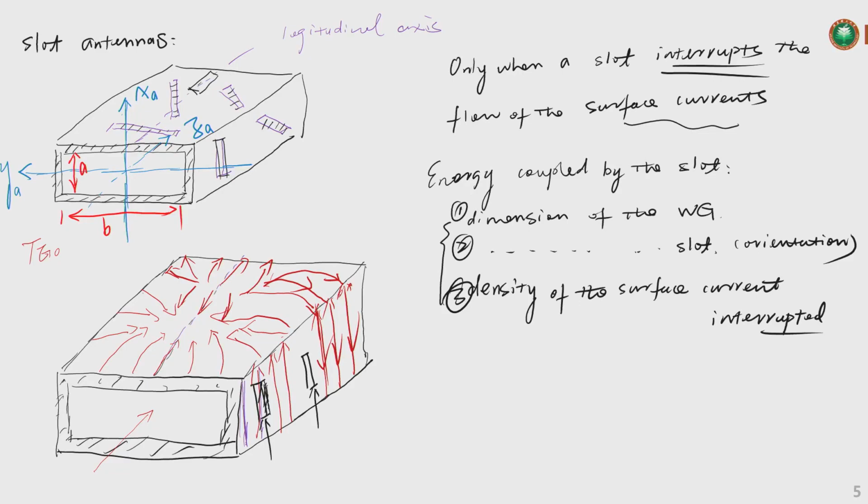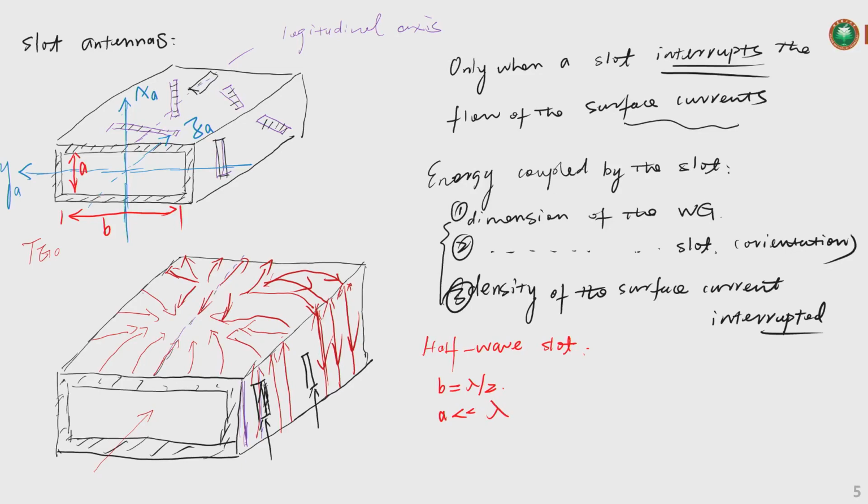Okay. So we just consider it as a half-wave slot for analysis. What kind of half-wave slot? Half-wave means one element should be half-wave, so b equals half of lambda. The a is much smaller than lambda.